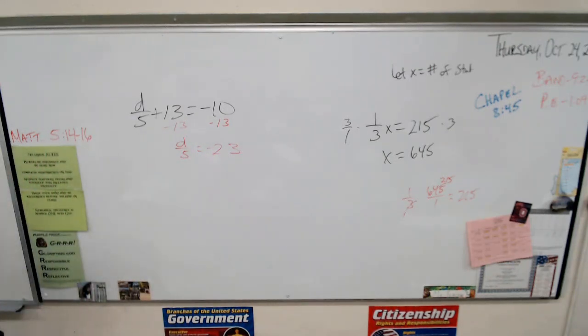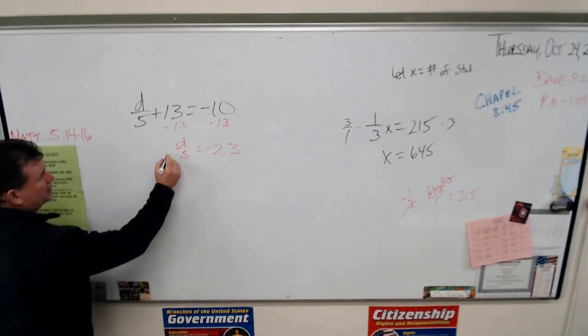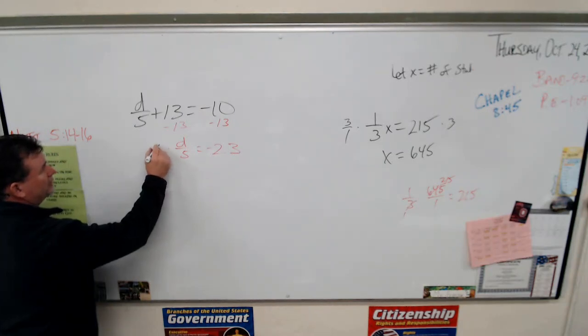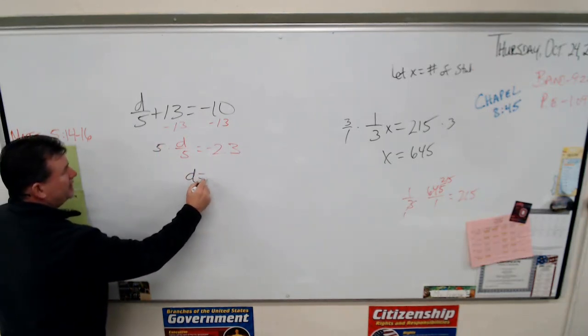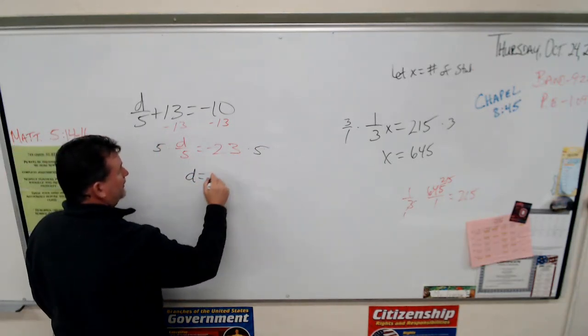How do I get rid of the 5? I've got d divided by 5. They've already divided d by 5, so I've got to undo it. What's the opposite of division? So I'm going to multiply this by 5. That leaves me with d, and multiplying this by 5, negative 115.